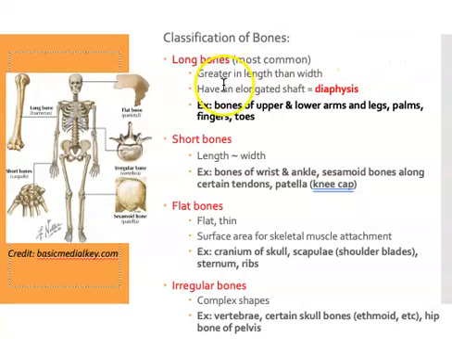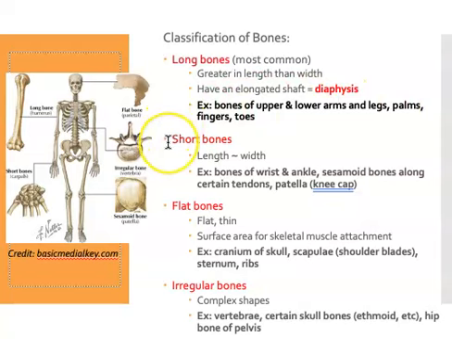The elongated shaft portion of a long bone gets a name. It's called the diaphysis. In fact, all of the regions of long bones get a name. We'll talk about those next. So the bones of the upper and lower arms, the upper and lower legs, the bones in the palms of your hands, the bones in your fingers, in your feet, in your toes, all of those are long bones.